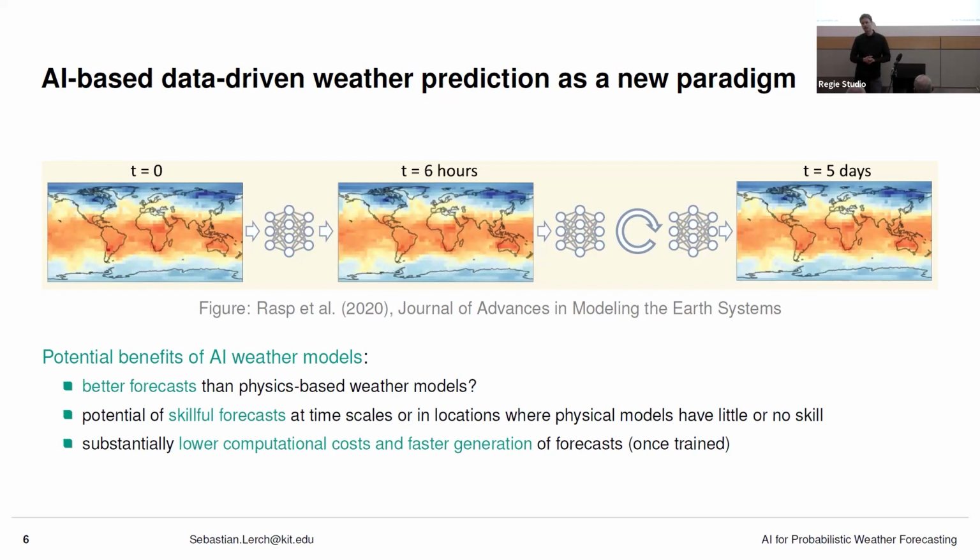Maybe we can get better at different timescales or locations where we know that the physical models have little or no skill. Or if we don't get better, but get a reasonable forecast out of this, one main advantage will certainly be that this could be done much faster. So instead of having to solve differential equations on a supercomputer, this is just one forward pass through an arguably complicated neural network, but this is something you can do on a laptop. So at the very least, we get much lower computational costs out of this once we have trained such a model.